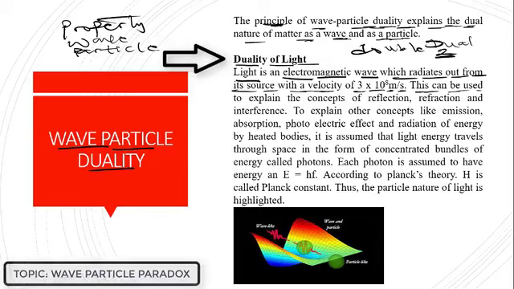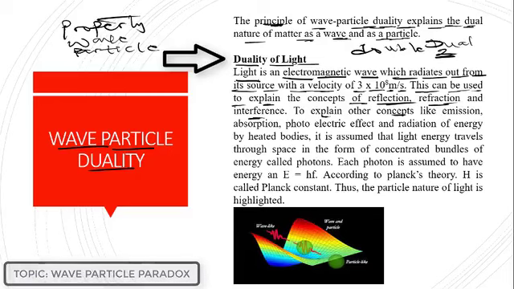This can be used to explain concepts such as reflection, refraction, interference, polarization, and diffraction. All those are properties of light, so the duality of light can help us to explain those concepts.